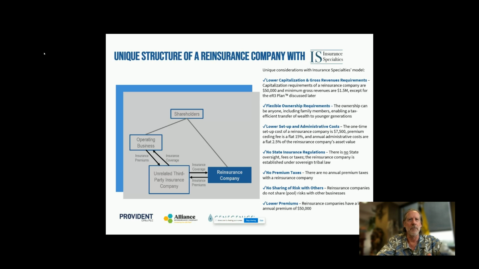And then that premium sits inside of the reinsurance company in liquid cash, waiting to see if there's a claim that's going to be filed against that client or that business owner. So that's how generally a reinsurance company operates.